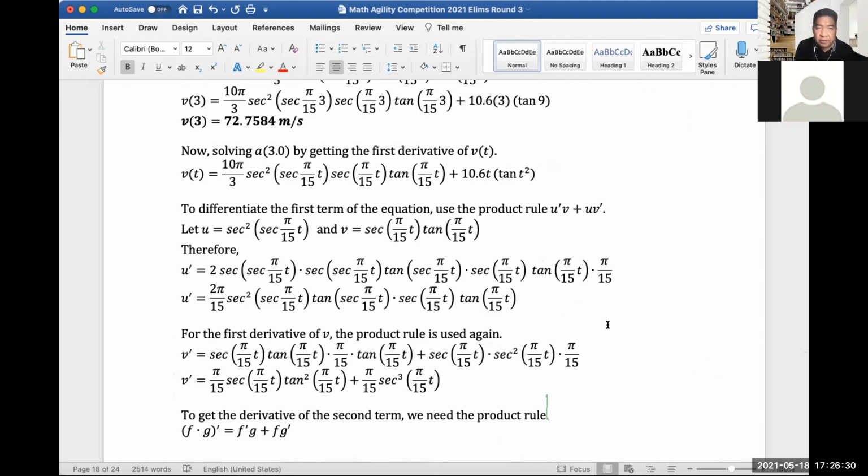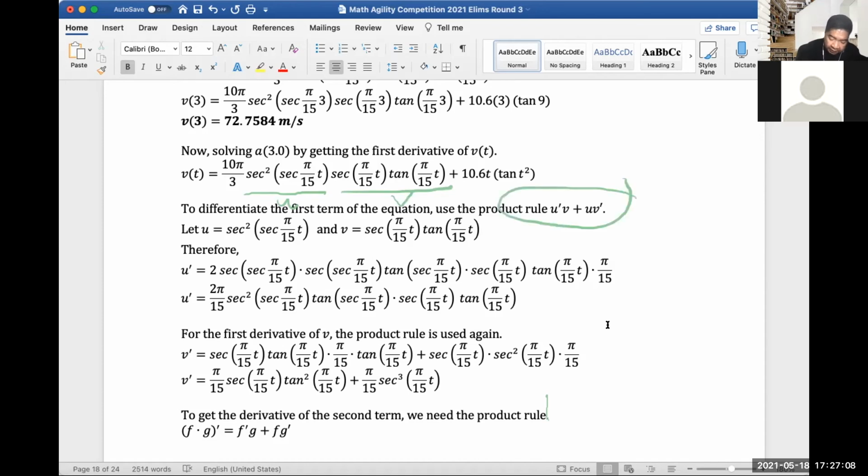Let u equal secant squared of pi over 15t and v equal secant of pi over 15t times tangent of pi t over 15. Basically I split this first expression into this one and this one, so this would be your v and this is u.